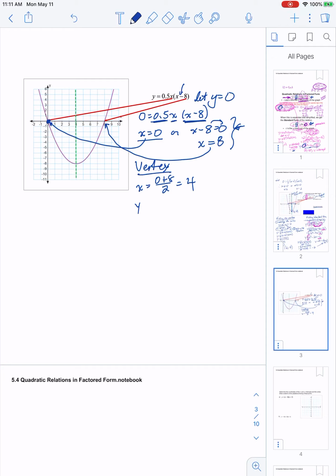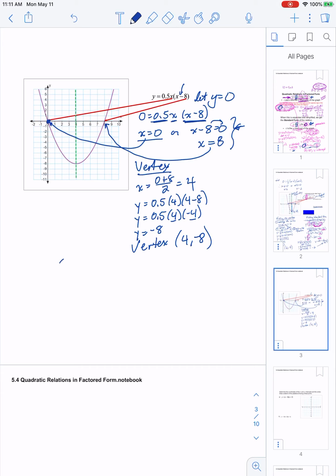And then for the y-coordinate of the vertex, we go back to the equation and substitute 4 in for x. See how I got 4 and negative 4 again? It doesn't always have to be the 4s, but one is positive and one is negative. So 0.5 times 4 times negative 4 is equal to negative 8. So then the vertex in this case is at 4 and negative 8.